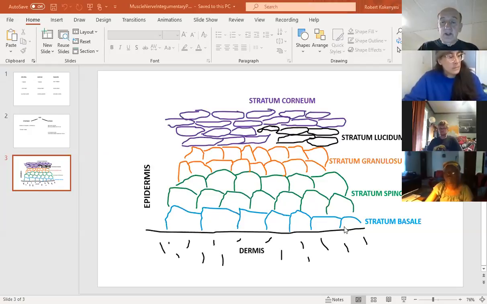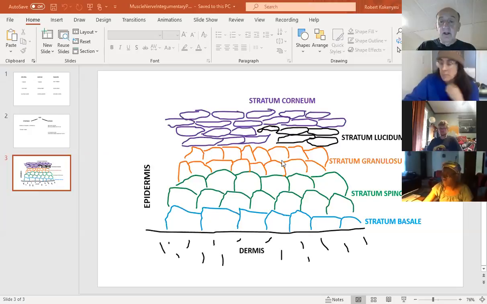After two more cell divisions of the stratum basale, the green cell layers will be pushed even further away from a nutrient source, and they turn into this yellowish cell layer, the stratum granulosum.